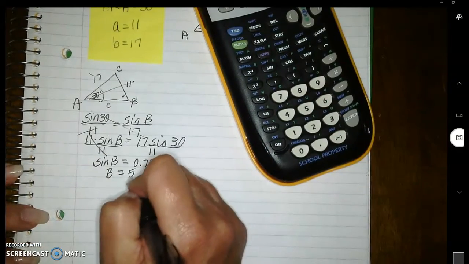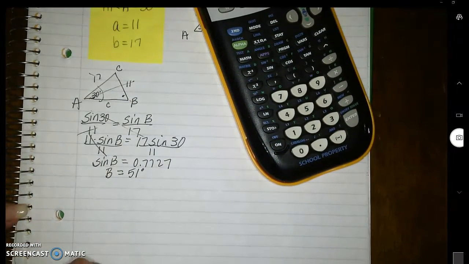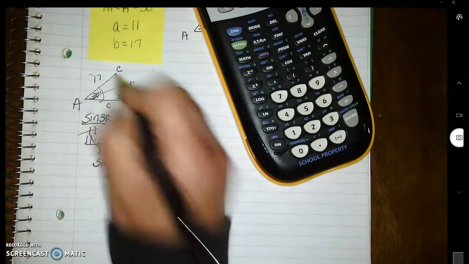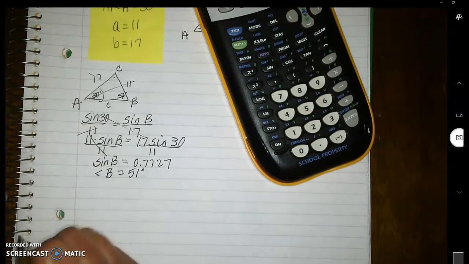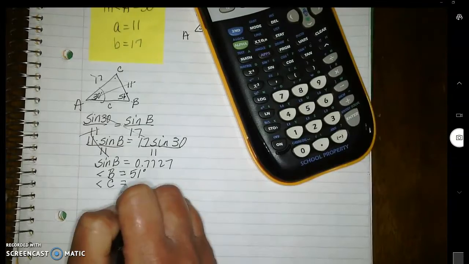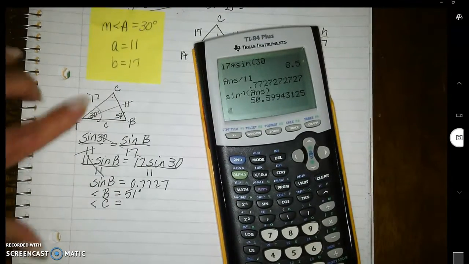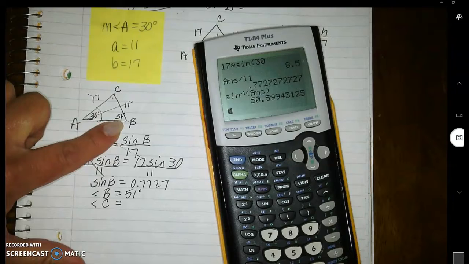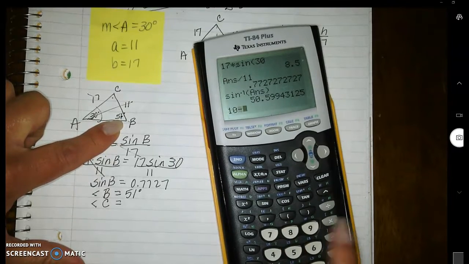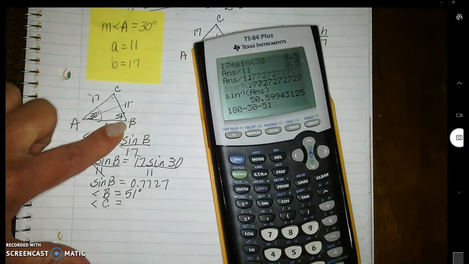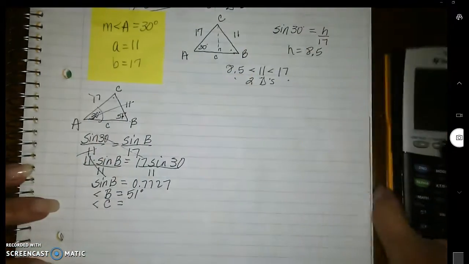So I get 51 degrees. Okay? So now that I know that this is 51, I can go find angle C. So angle B is 51. Angle C, remember all of the degrees in a triangle add up to be 180. So I'm just going to do 180 minus 30 minus 51, and I get 99 degrees.